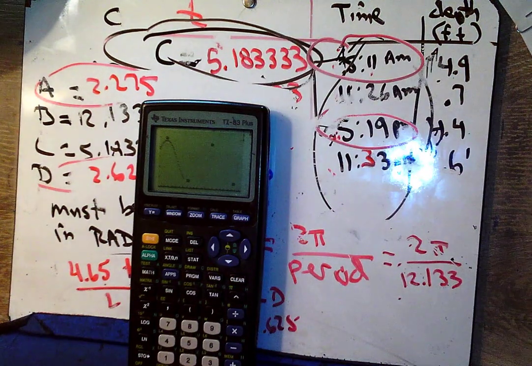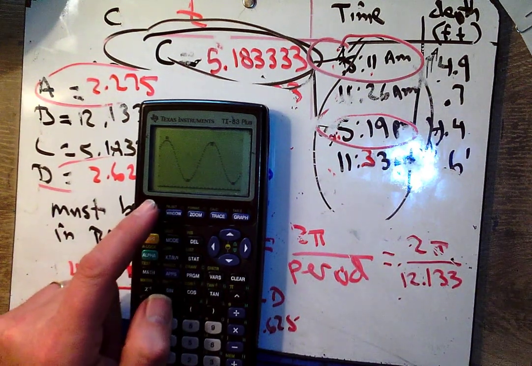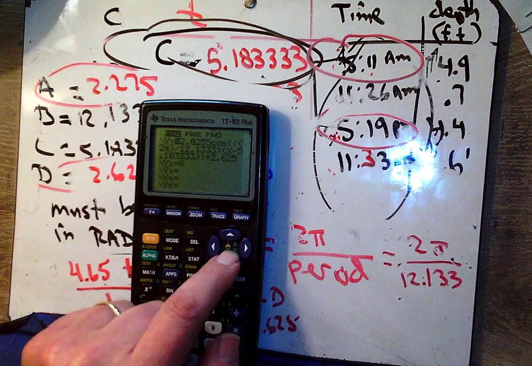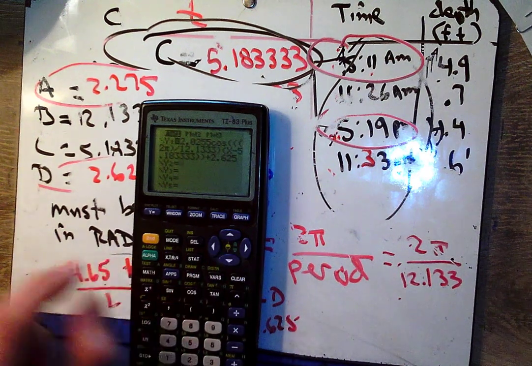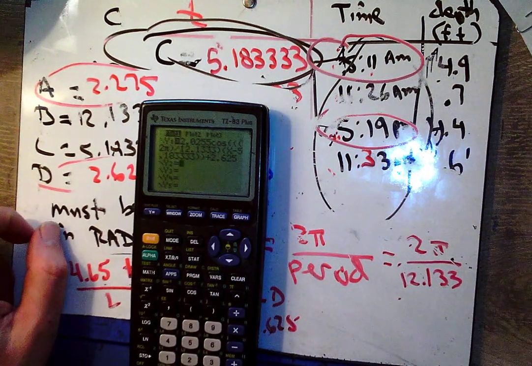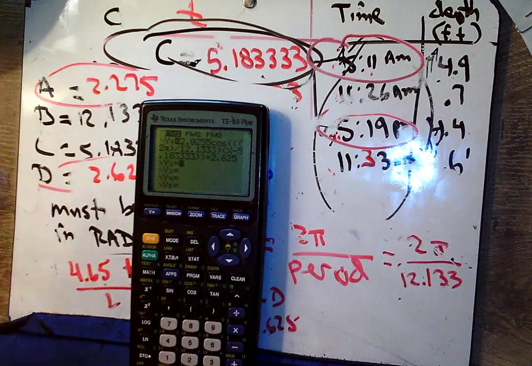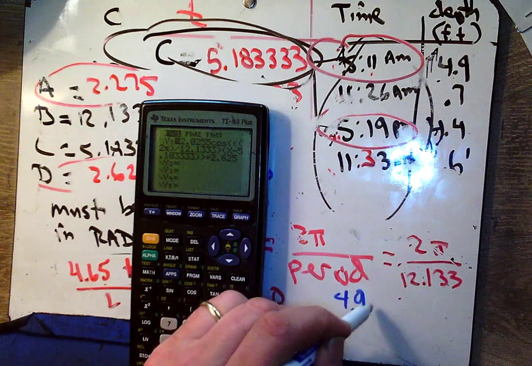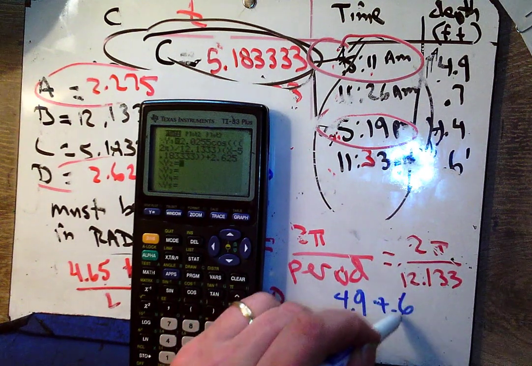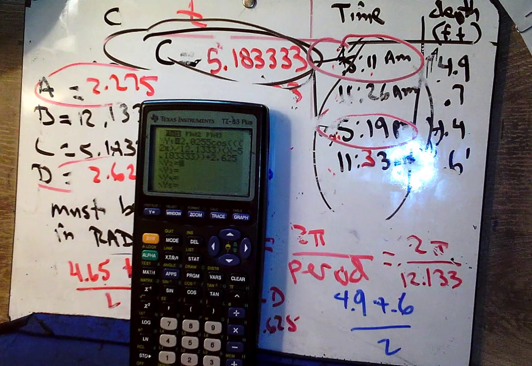Okay, what do we think about this? Well, that's interesting. Which do you like better? Do you like that one, our tweaked version, or do you like our original? What's our original? 4.9 plus 0.6 over 2. 5.5 over 2.